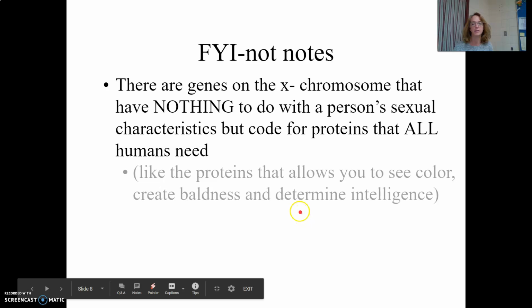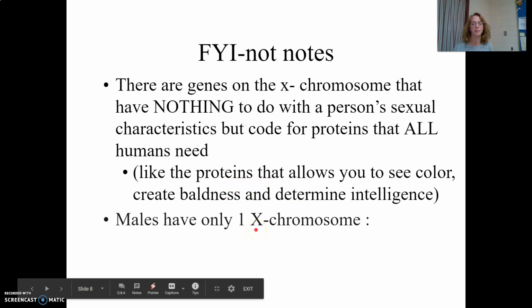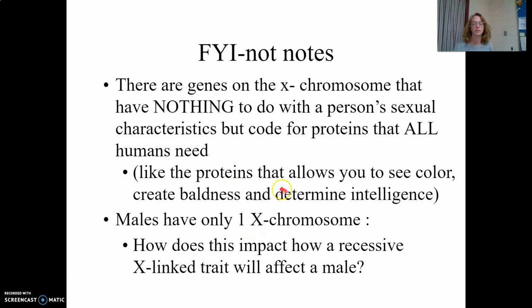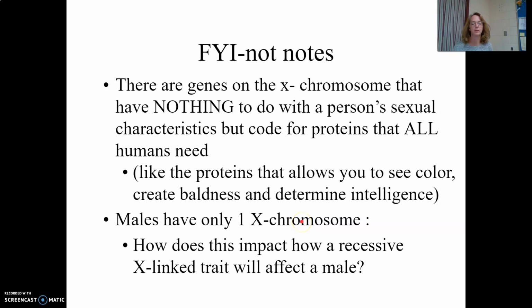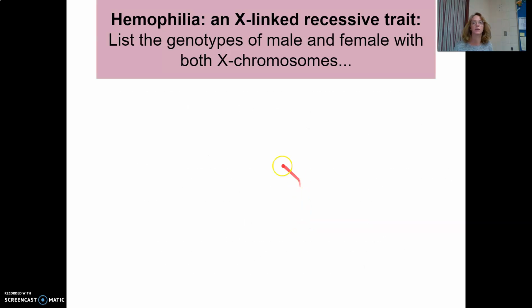Because every human has an X, some of those genes just happen to be on the X chromosome. So other things that have nothing to do with gender, again, color blindness, baldness, also your intelligence is on your X chromosome. So males only have one X, so every trait is fully expressed. And because girls have two, it follows those same dominant recessive inheritance patterns that we've learned before.